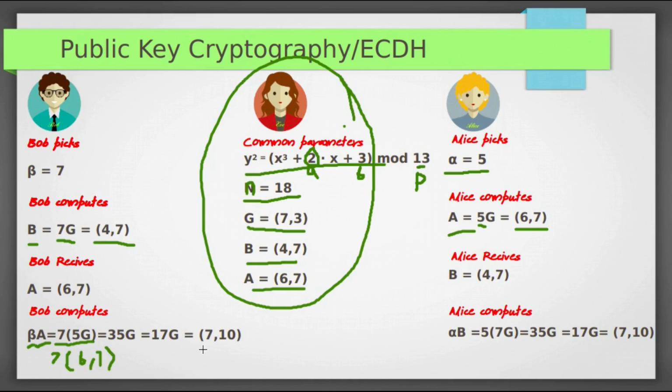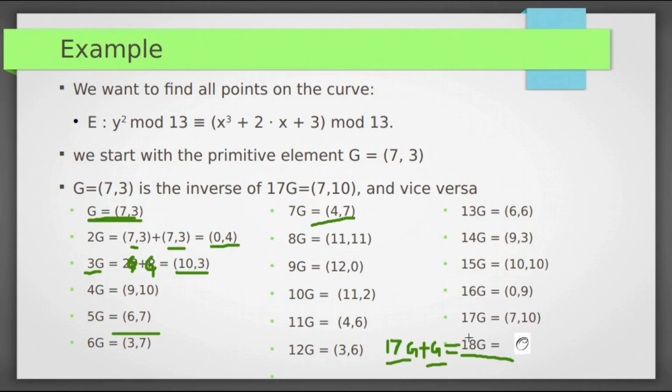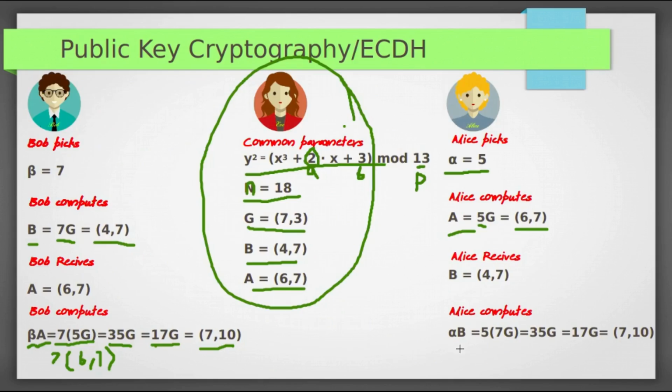It will be equal to 7 comma 10, or you can multiply this 7 and 5, it is 35Z. Here the total number of points is 18. After 18, the cycle will start again. 19 will be treated as 1Z. 35Z can be treated as 17Z. So see 17Z value, it is 7 comma 10.